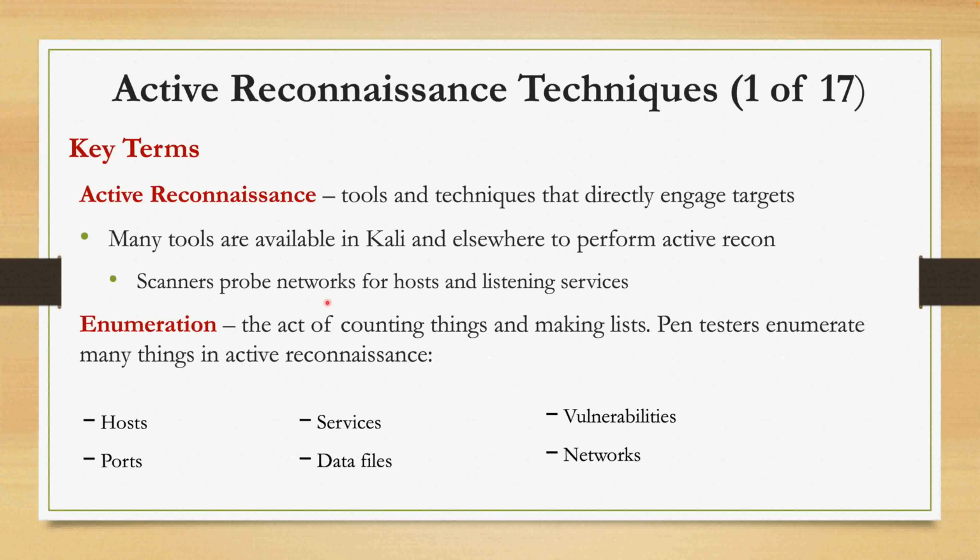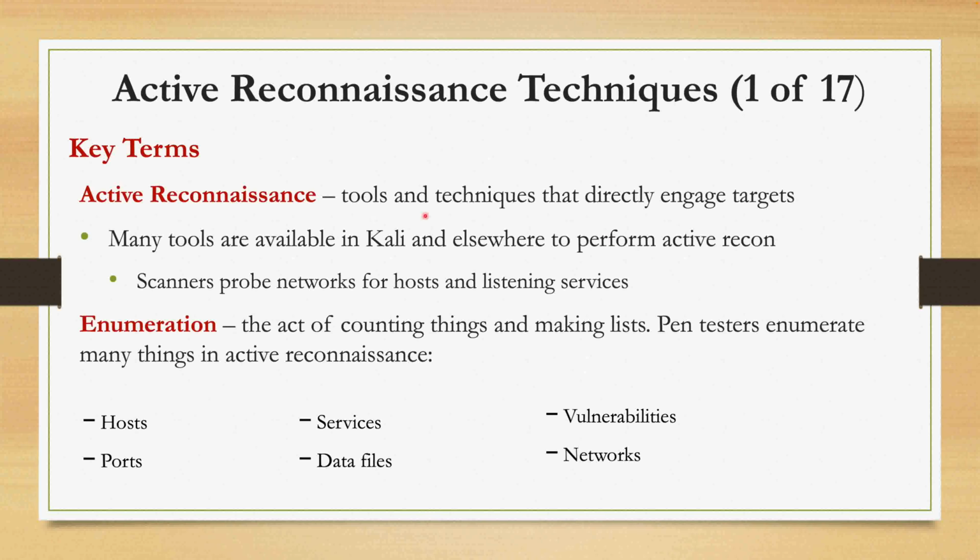Okay, so we have completed the passive reconnaissance techniques, and right now we're going to look into active reconnaissance techniques. Let's start with key terms. What is active reconnaissance? It's the time where we start using tools and techniques that directly engage targets, not indirectly, directly engaging the target.